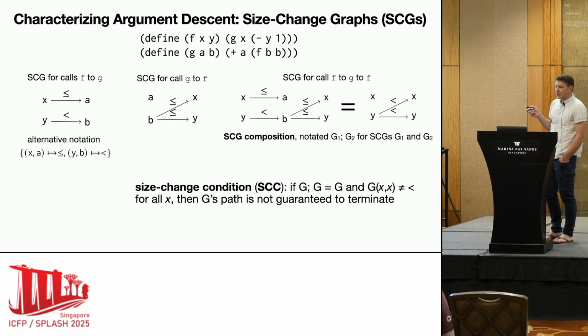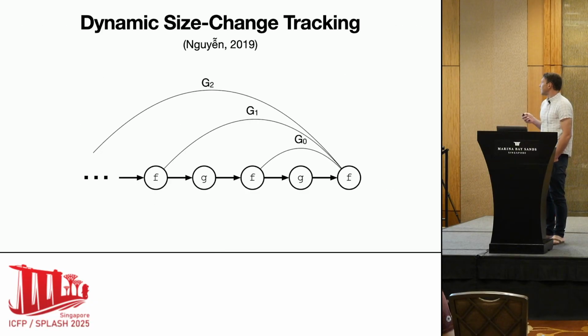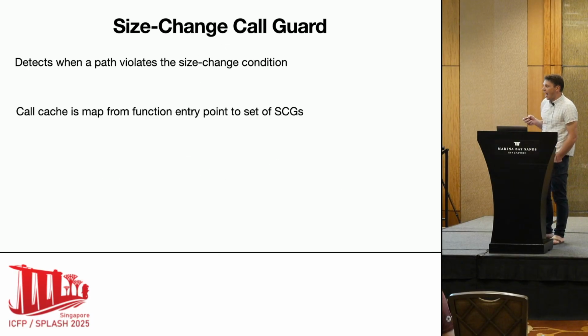This is a property of size change graphs that tells you whether or not there are any infinite ascending or descending sequences. This is fairly straightforward to cast as a call guard in our framework, and so that's what we do. We have a call guard where we detect when a path violates the size change condition, and the call cache is a map from function entry point to a set of size change graphs.